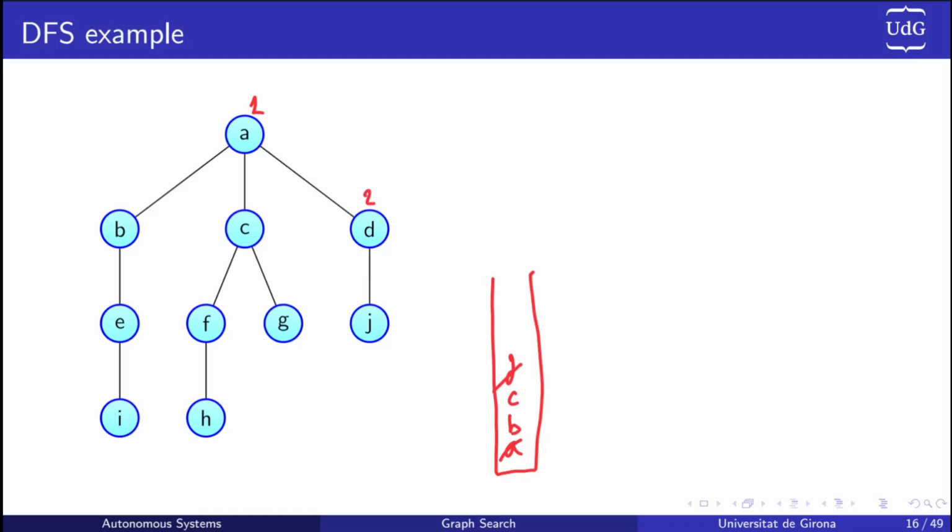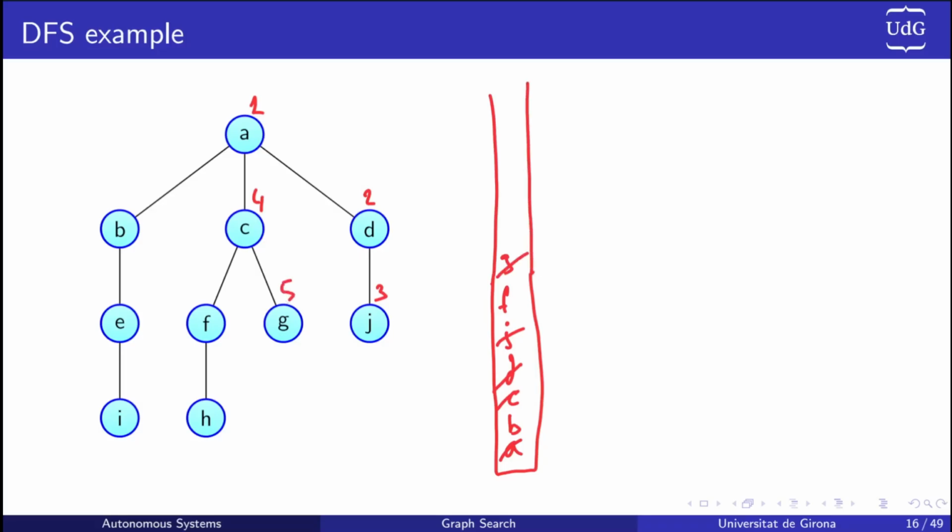Then we put all the children of D, that is J. Then we remove J. This is number 3. J has no children. Then we remove C. This is number 4. We put all the children of C, that is F and J. Then we remove, this has to be larger, this is a stack, we remove J.